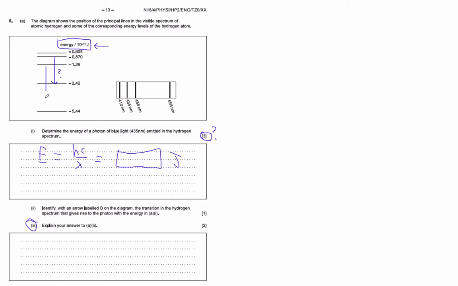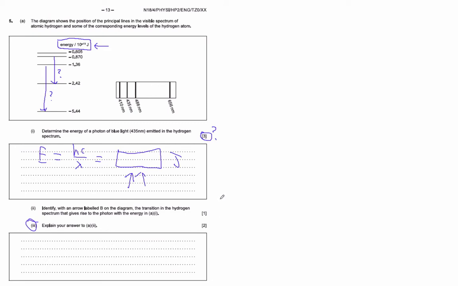Can I go from here to here? So find the difference between that. Does that equal this? It's kind of like, are you my mom? So find some transition there, and it's got to be equal to this, whatever that is. Keep in mind that that's in joules and not electron volts, as we're sort of used to doing.